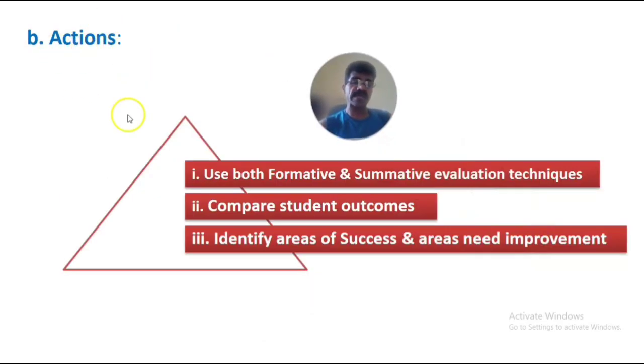The sub-steps or actions include: use both formative and summative evaluation techniques. Compare students' outcomes, that is positive and negative outcomes. Then identify the areas of their success and where they need improvement.